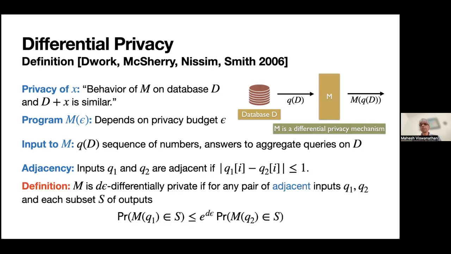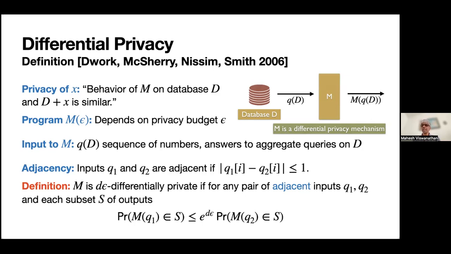Having this notion of close inputs, one can talk about the obligations of the differential privacy algorithm. We'll say that this algorithm M is d epsilon differentially private if for any pair of adjacent inputs, the probability with which the algorithm outputs a certain value on the first input is close to the probability with which the algorithm outputs that value on the second input.